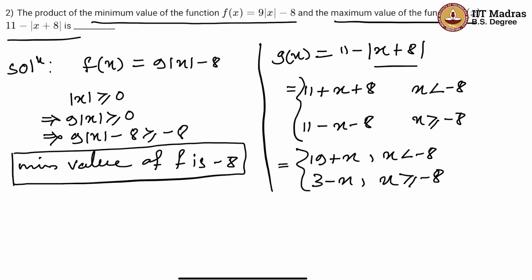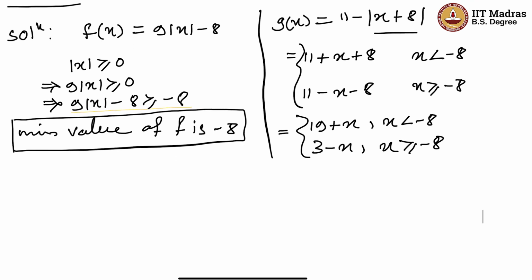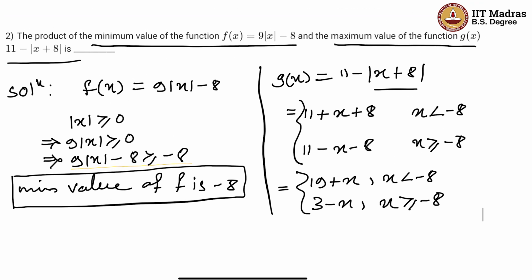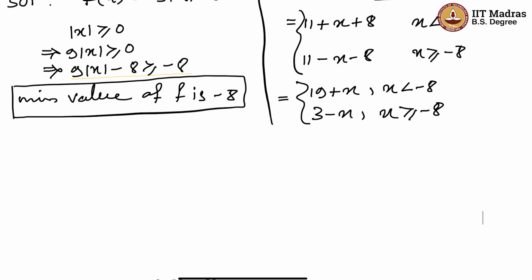Now we have to check what will be the maximum value of g. So when x is greater than or equal to -8 and less than 0, then -x will be greater than 0 and less than or equal to 8, right?